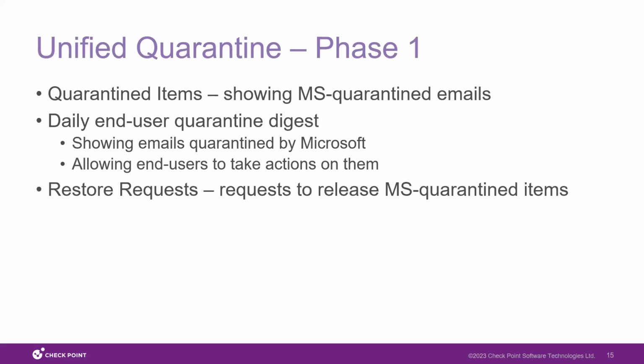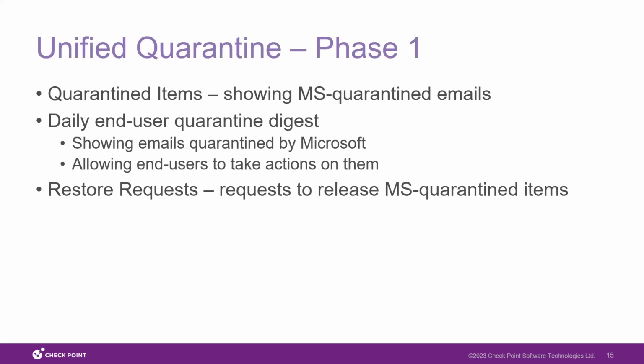That's great, we have visibility. We also have the ability to release those messages. If Microsoft quarantines it, we're going to show it in our quarantine, and you can open it and release that message from the Microsoft quarantine.